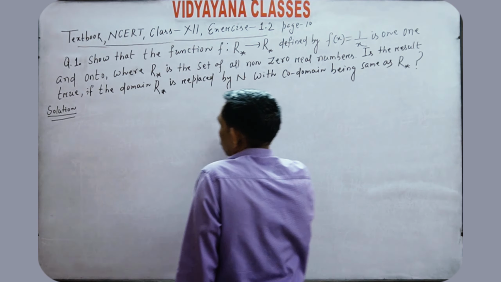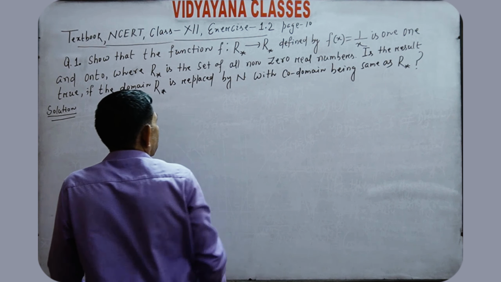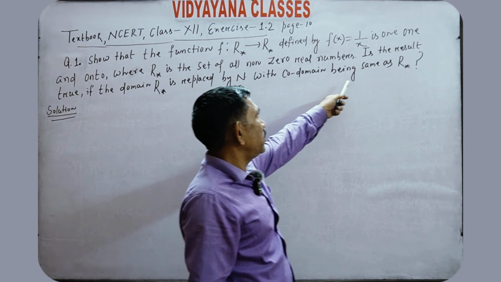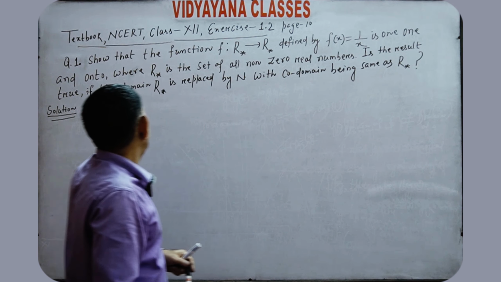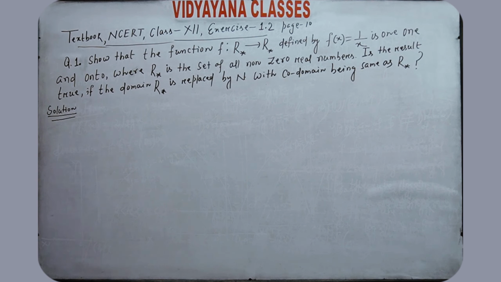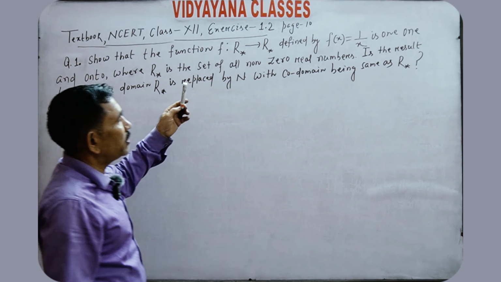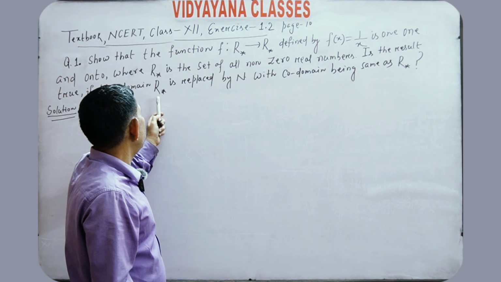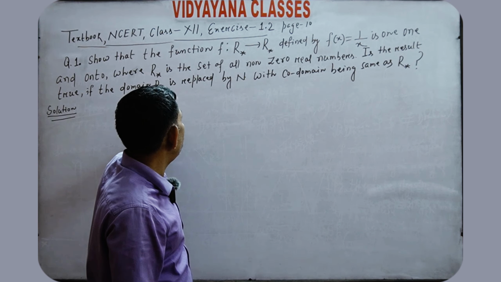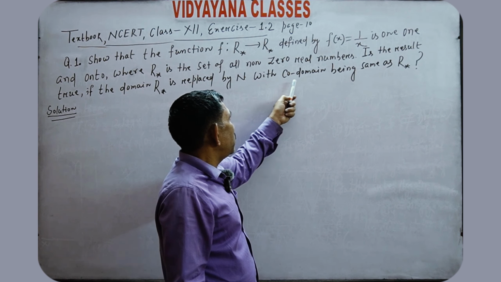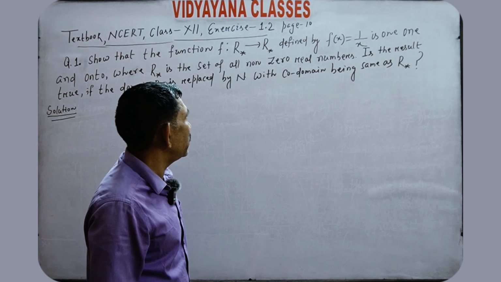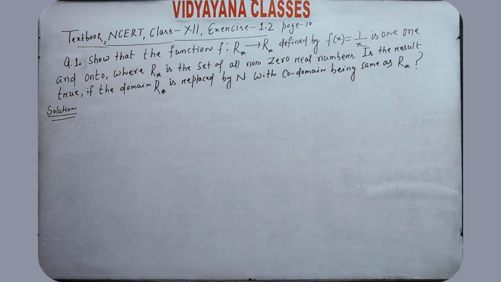Is the result true if the domain R star is replaced by N with the codomain being the same as R star? There are two parts. In the first part, we have to show the function is bijective. In the second part, if the domain R star is replaced by N with the codomain being the same as R star, the function is bijective or not.